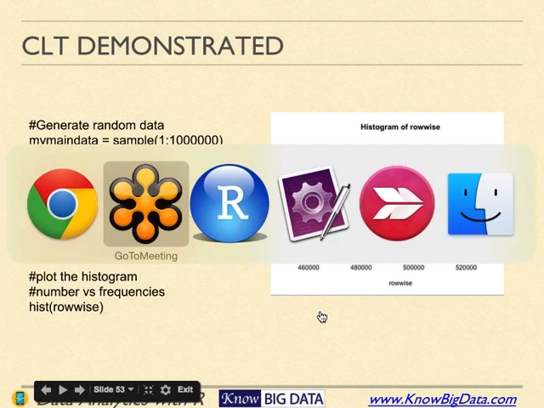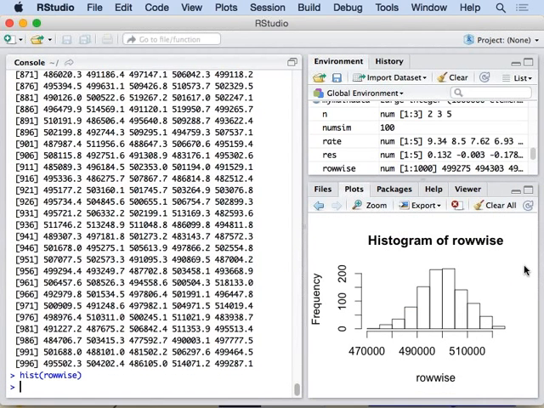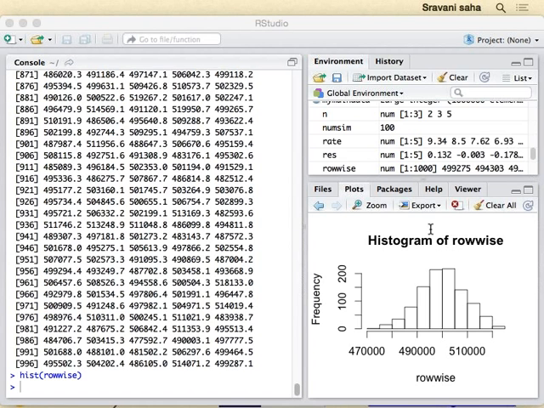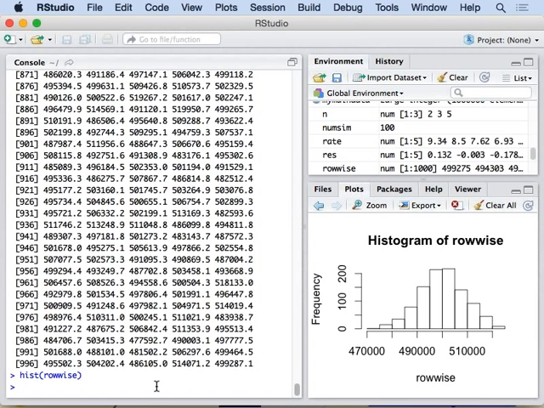Or should I demonstrate this to you? Can we check the mean of the main data here? Yes, you can try that. Or let's make life a little simpler.